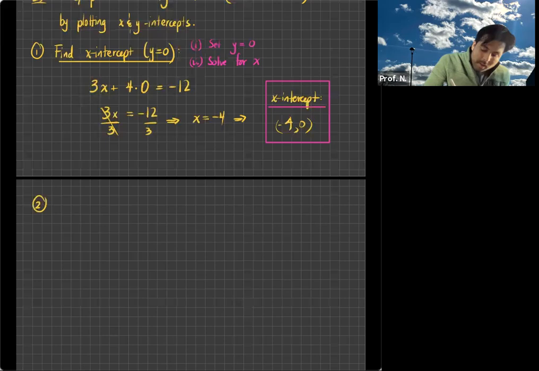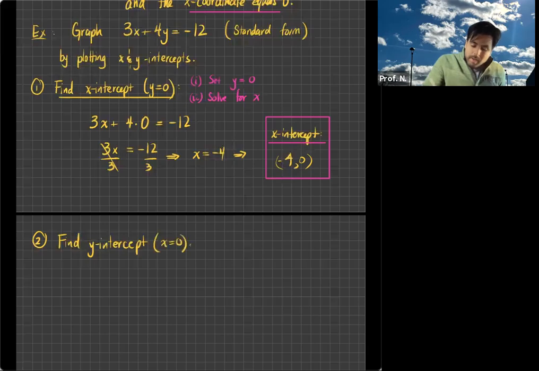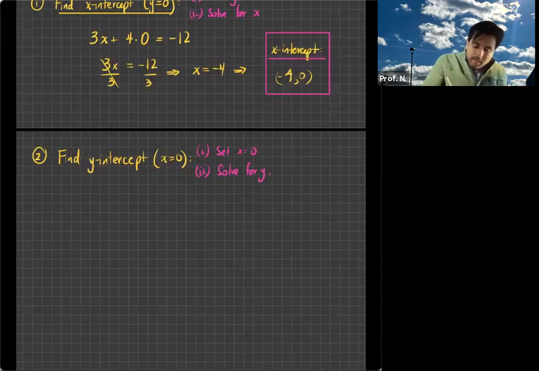And now the second thing is find the y-intercept. What's the y-intercept? That's when x equals 0. So what am I going to do? The first thing is set x equal to 0. The second thing is solve for y. So then I'm going to have 3 times 0 plus 4y equals negative 12. 3 times 0 is 0. 0 plus 4y equals negative 12. 4y equals negative 12, divided by 4.